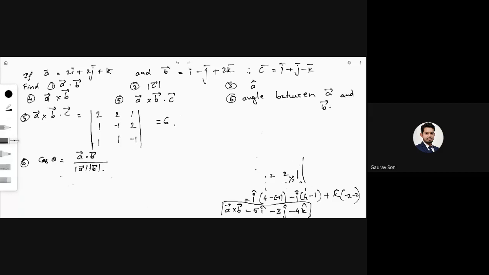And A bar dot B bar, we have found out what is the answer.